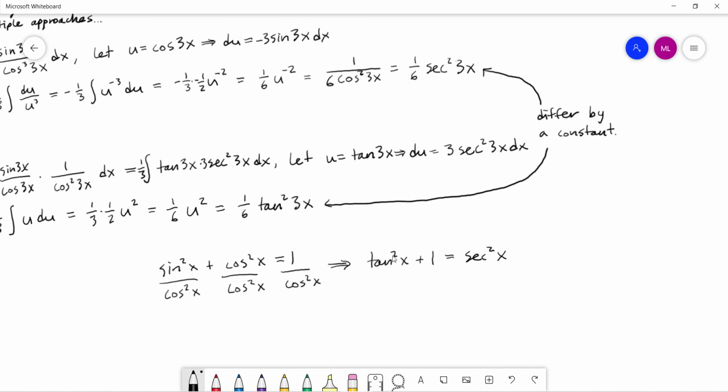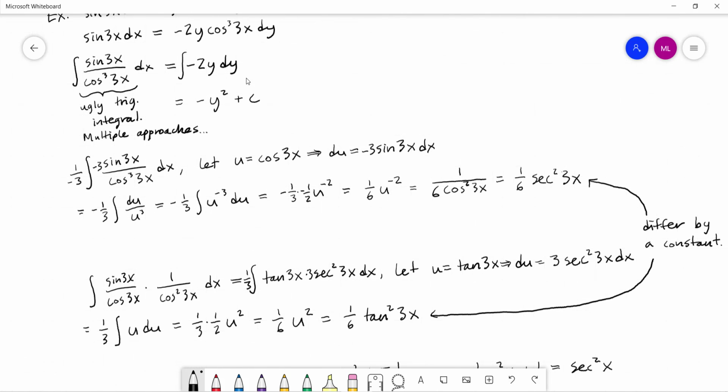And that's essentially the argument I'm making here. We just have a factor of a sixth in front of both of them, and instead of x, it's 3x. But the same argument. I could relate these two things to each other using the Pythagorean identity, and you'll notice that they just differ by a constant. But they're allowed to differ by a constant because we have an unknown constant of integration.